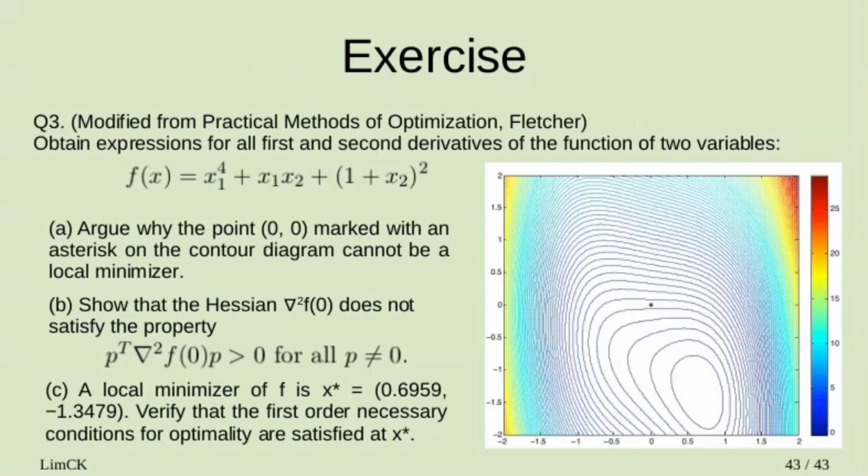Now for part A, we want to argue that the point (0, 0) cannot be a local minimizer.